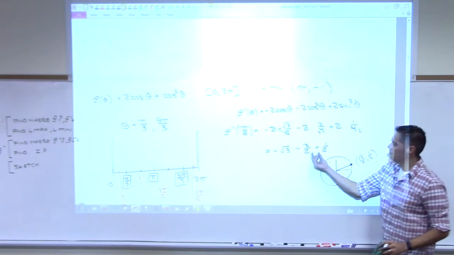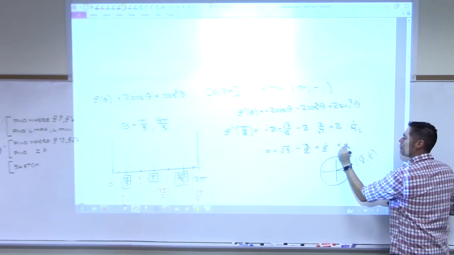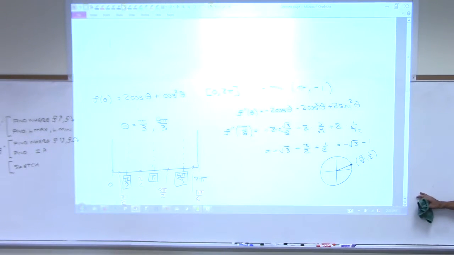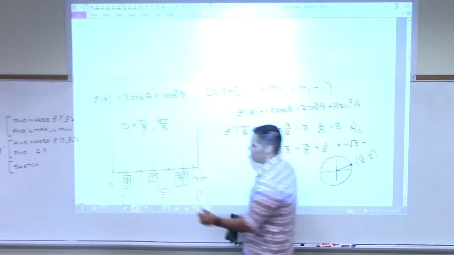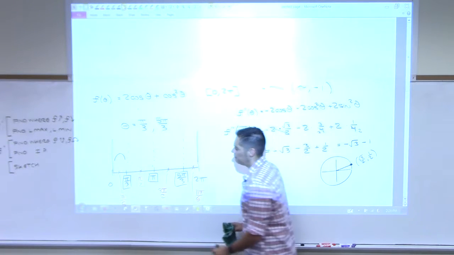These two together? -1? Agreed? It's negative. Which means my original function is not very happy. It's not very happy. Frown.